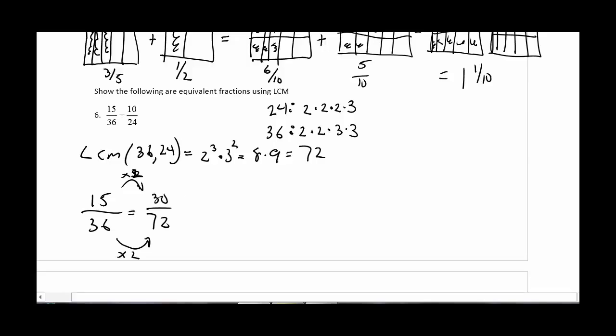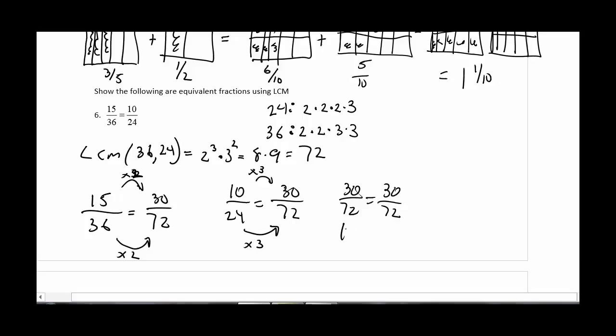That gives me 30. And then I want to do the same thing with 10 over 24. So in terms of 72, I multiply by 3 to get that. So if I multiply the 10 by 3, I get 30. And of course, the two fractions equal each other. So we're good.